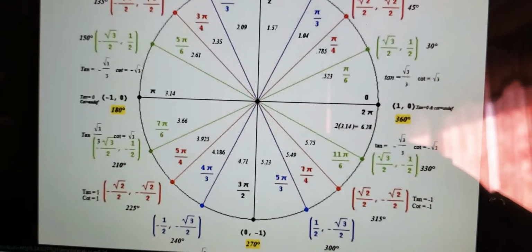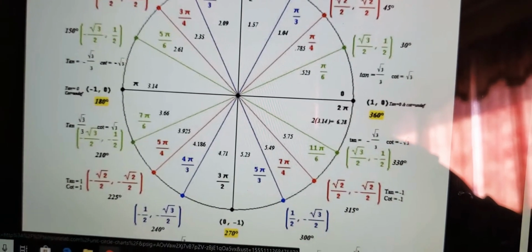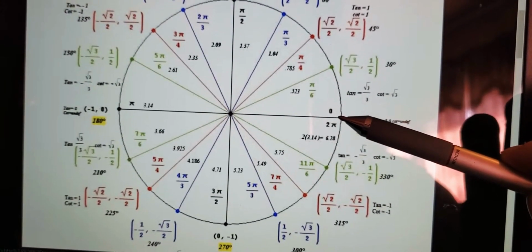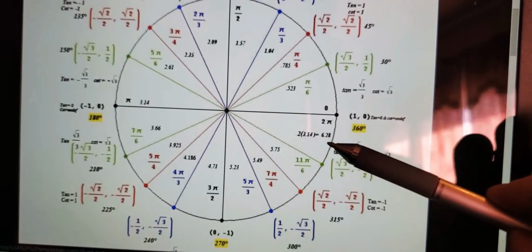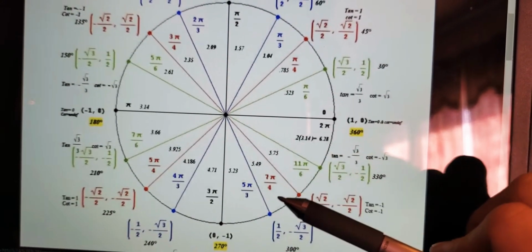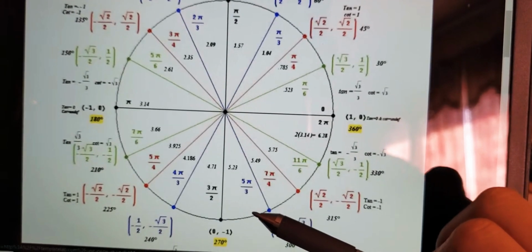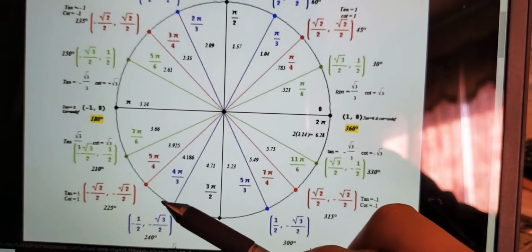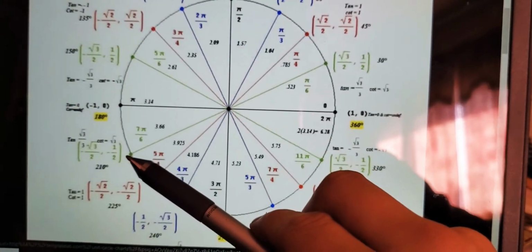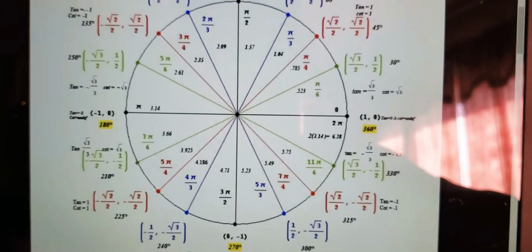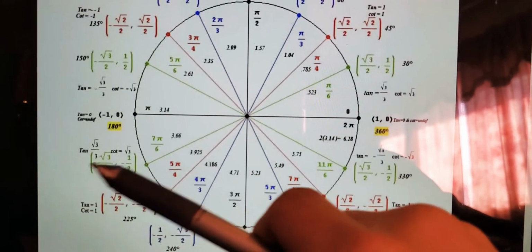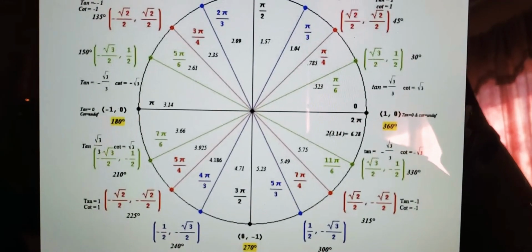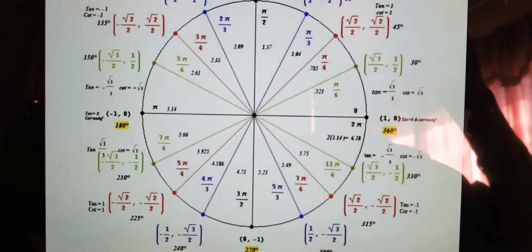I can count by sixths, and I'll be able to get the negative 5 pi over 6. It's negative, so I have to go clockwise. 1 pi over 6, 2 pi over 6, 3 pi over 6, 4 pi over 6, 5 pi over 6. My green one is my negative 5 pi over 6. And there I have my points.